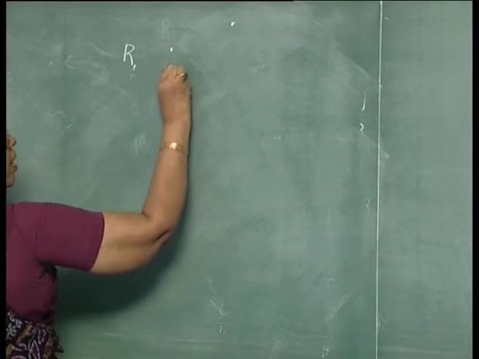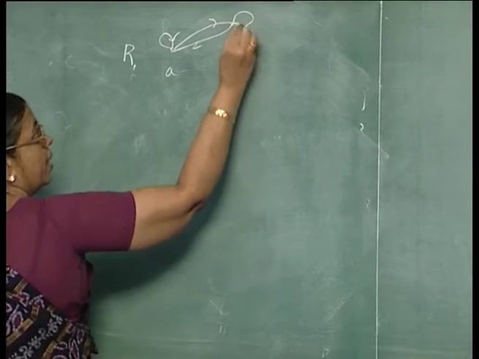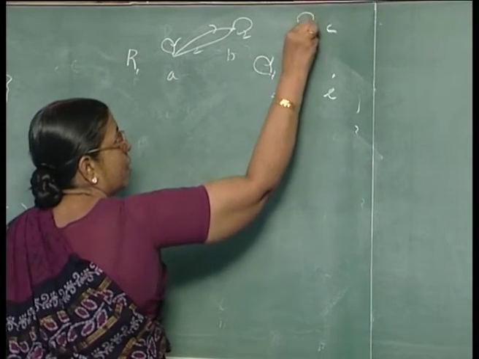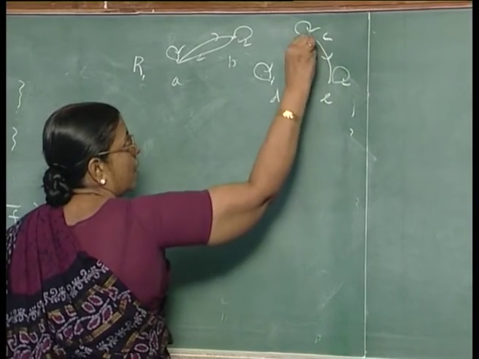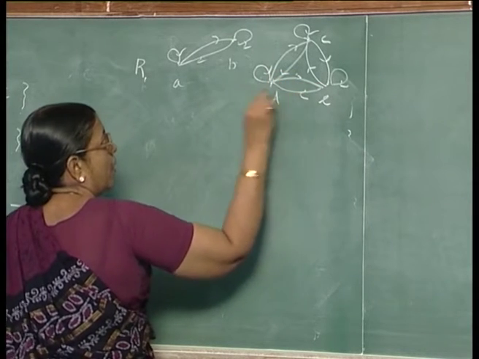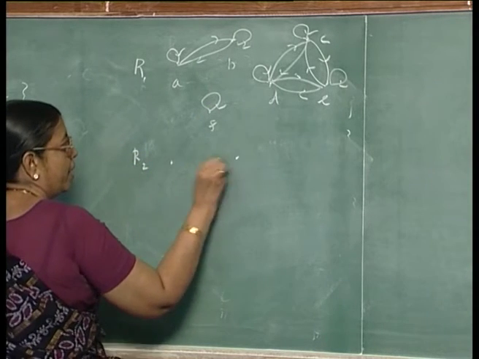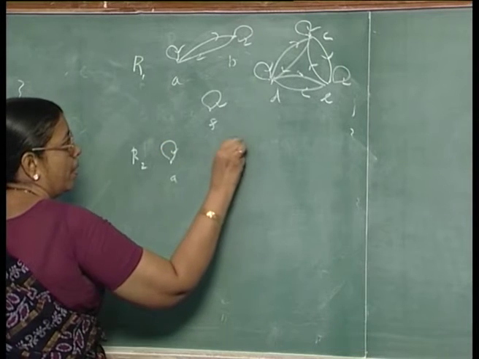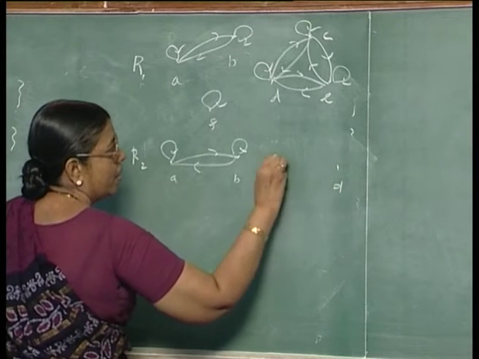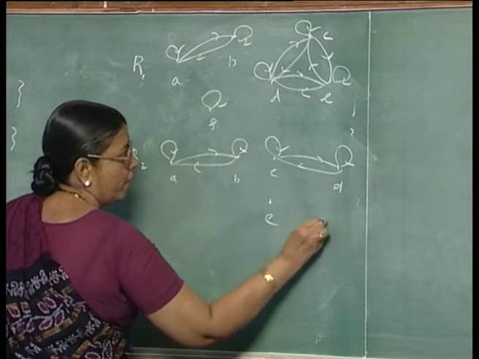R1 will have AB, the equivalence relation can be represented like this, then CDE, and F. R2 will be represented by AB, CD, EF.